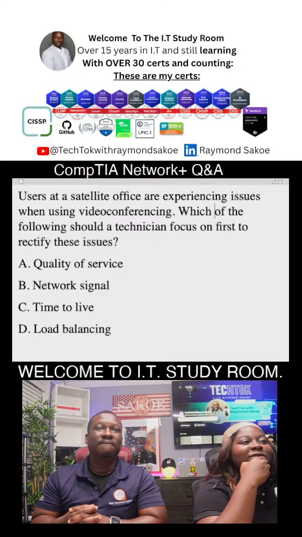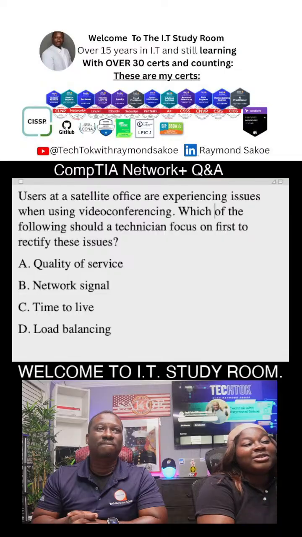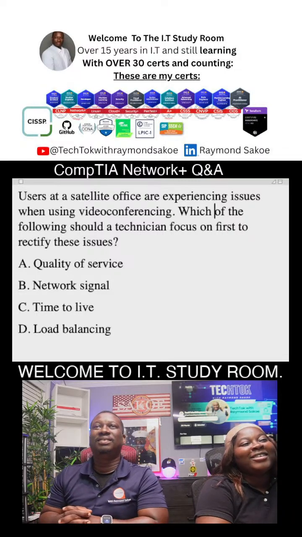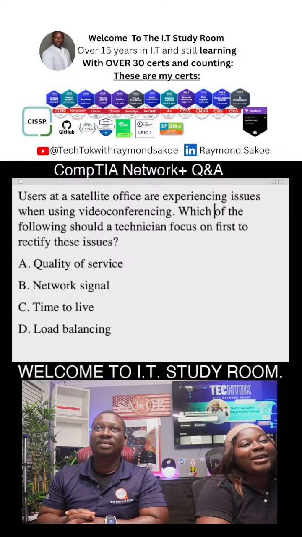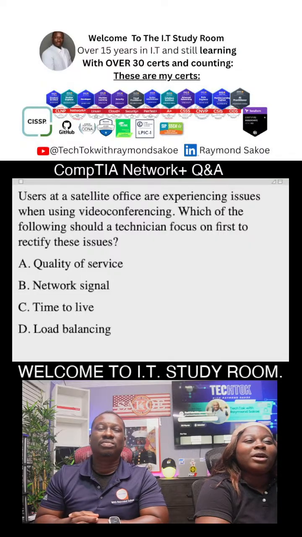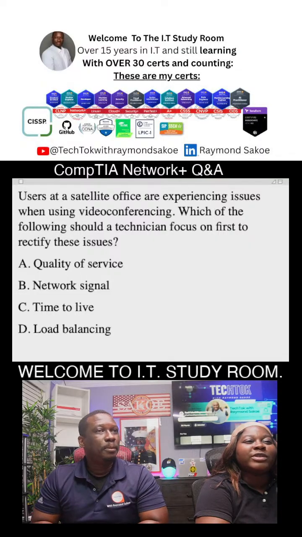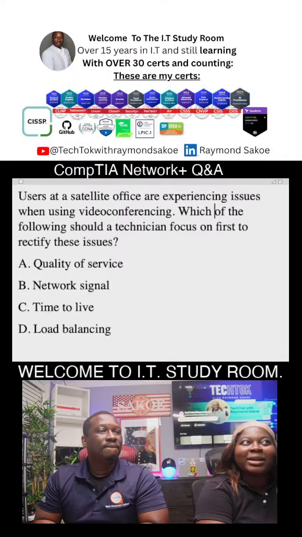Quality of this answer choices. I was waiting for y'all to answer so I could say something. But okay, it's between A and B. A, okay. But can one argue quality of service and network signal go hand in hand?